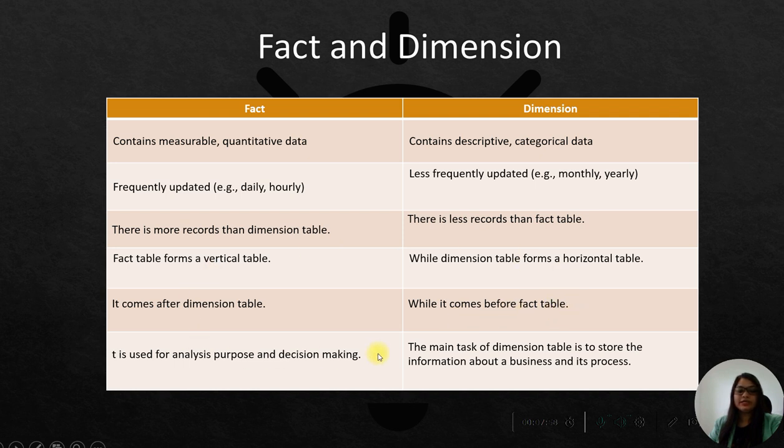So this is also an interview question, guys: which table is loaded first, the dimension table or the fact table? So here is the answer. The fact table is also used for analysis and decision making. And the main task of the dimension table is to store information about the business and its process.